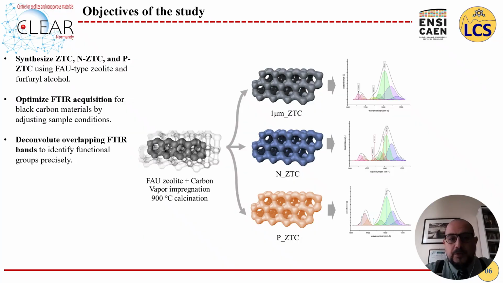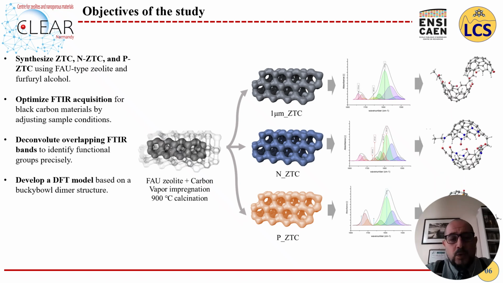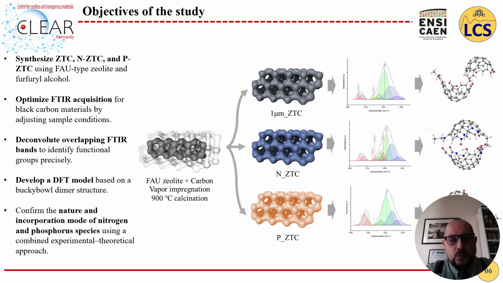We want to perform a deconvolution of the overlapping FTIR bands to identify functional groups precisely. And we want to develop a DFT model based on the buckybowl dimer structure. At the end, we want to confirm the nature and incorporation mode of nitrogen and phosphorus species using a combined experimental and theoretical approach.